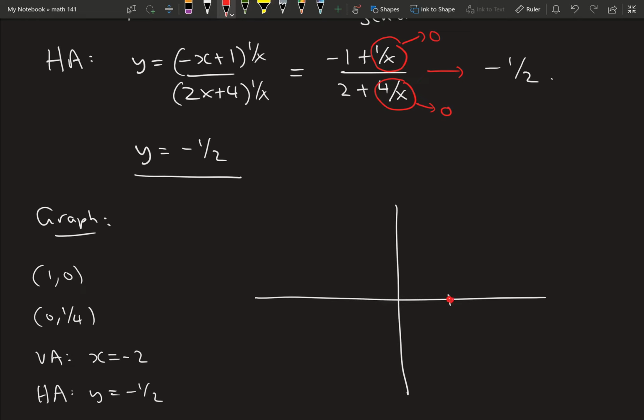Plot the points in red. (0, 1/4) somewhere over here. We have a vertical asymptote, x equals minus 2, right here. And we have a horizontal asymptote at y equals negative 1/2. So here's negative 1, here's negative 1/2, so it should be something like this.